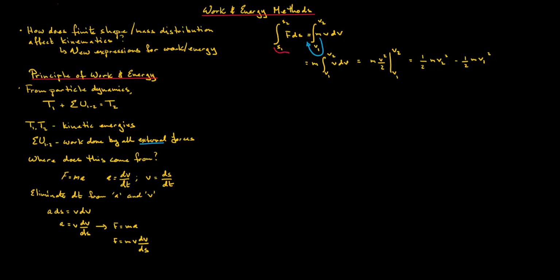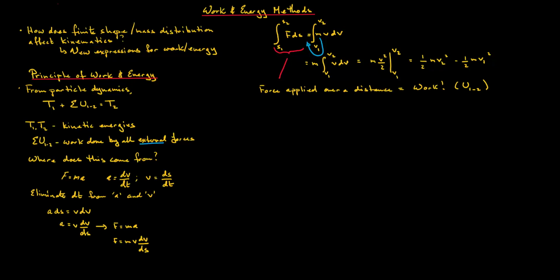And this term over here on the left-hand side, it's a force applied over a distance. And this is simply the definition of work, which we denote as U from 1 to 2.